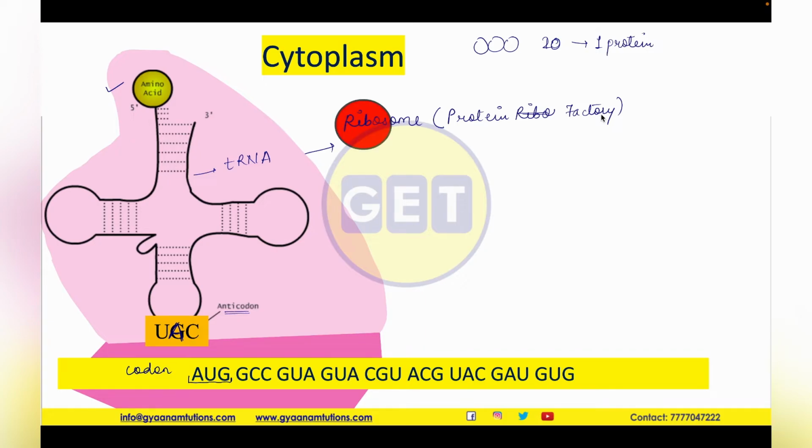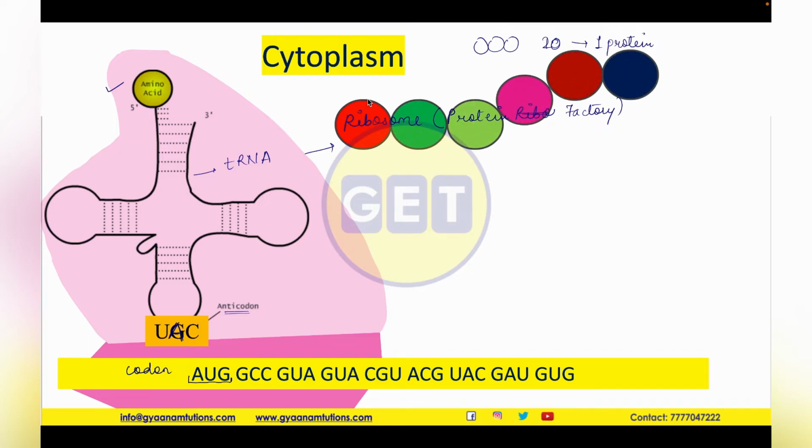So like this, the proteins will come. This is the second amino acid that will come, and like this we are going to have all the amino acids making up the chain. This is how the 20 amino acids connect with each other to form the protein.